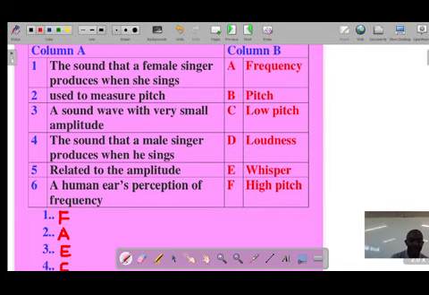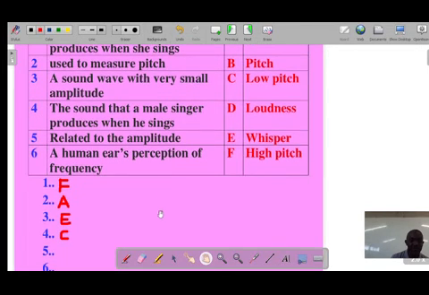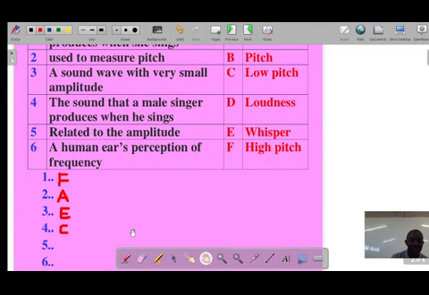Amplitude relates to what? Anybody who remembers? Amplitude relates to loudness, guys. So loudness is B, so number 5 is B here.